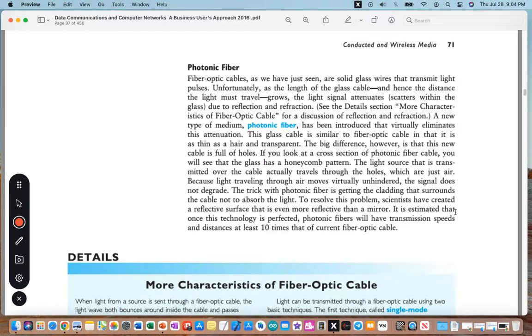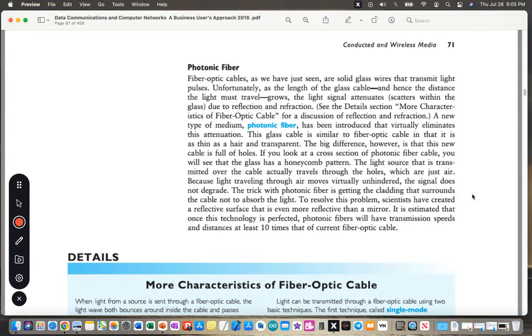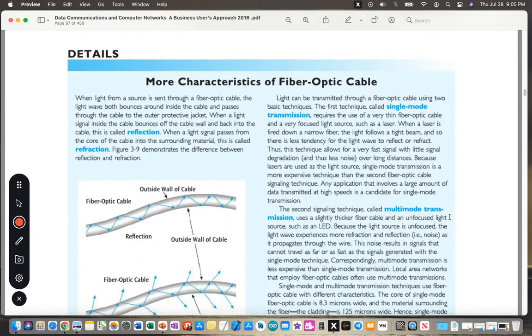Then we have the photonic fiber, and this is a new idea, new concept, where they put holes in the shield, and this allows the air to enter, and they put like an insulator, like a mirror, behind the shield to reflect from the holes and whatever. So yeah, you can read that.